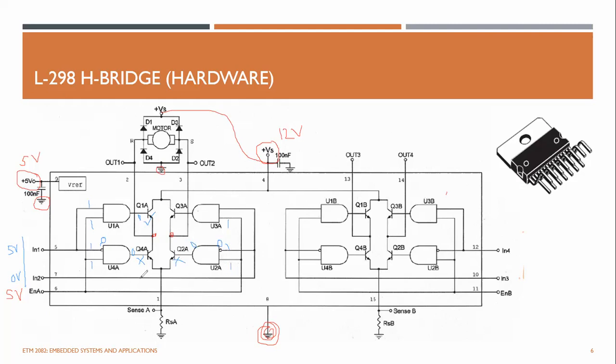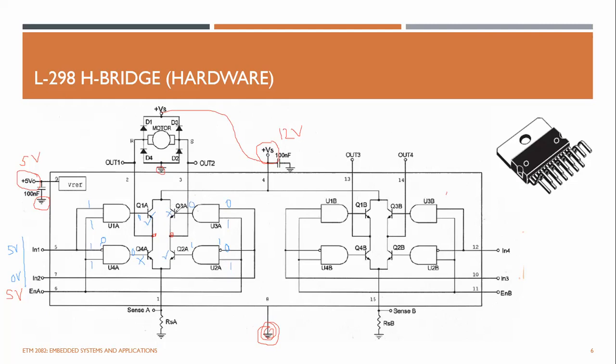Sorry, this one is 0, and this is a NOT gate. This is 0, and this is 1. It's a NOT gate, and 1 and 1 is 1, and this transistor is turned on. And here you can see this is 0, and this is 0, and NOT of that is 0, and this transistor is turned off.